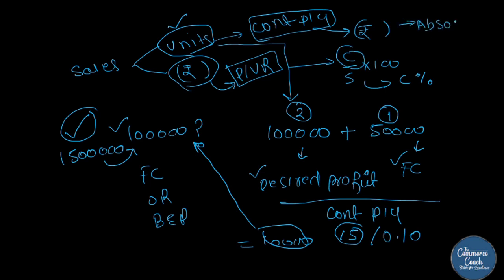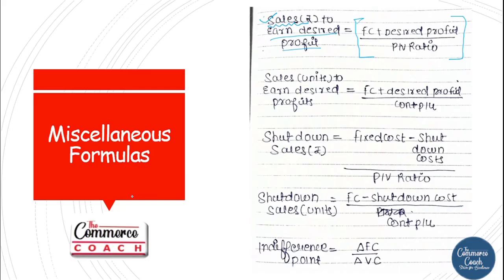This is an absolute measure because you are taking the absolute number, but this is a relative measure. You are taking the absolute number in relationship to sales. So in both ways you can find the required sales to earn a specific amount of profit. This is a very important formula, formula number 1 and formula number 2. We are done with these formulas.